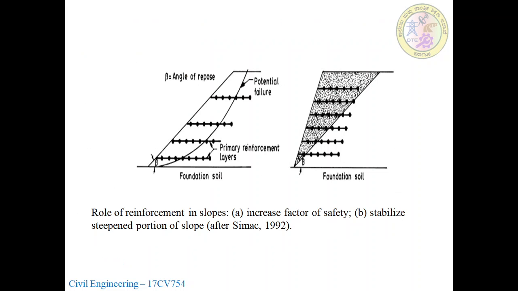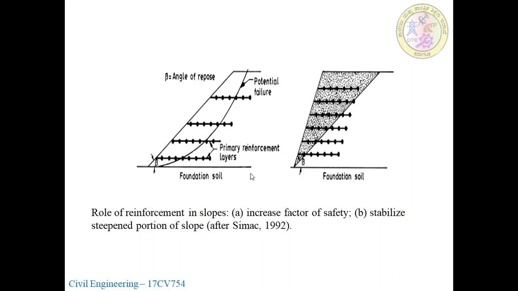These are the roles of reinforcement in slope surfaces. Here the angle of inclination is important, and these are the primary reinforcement. This shows the potential failure, active and resistant.